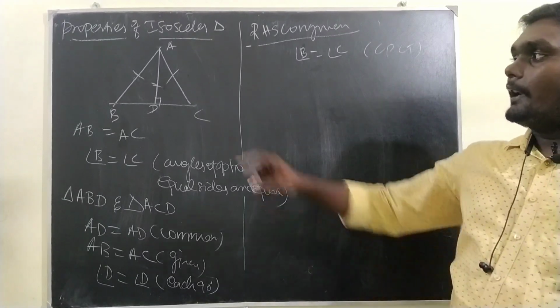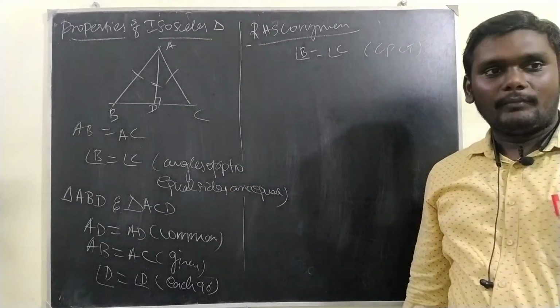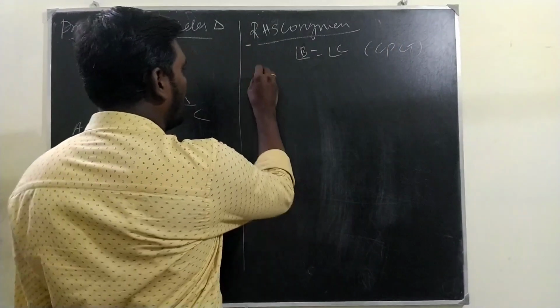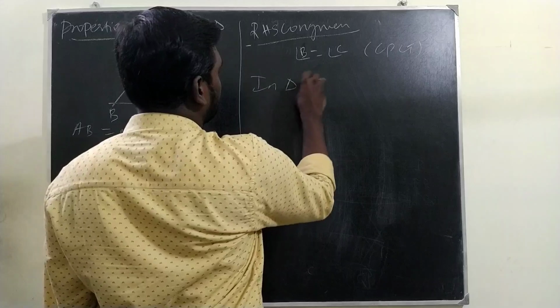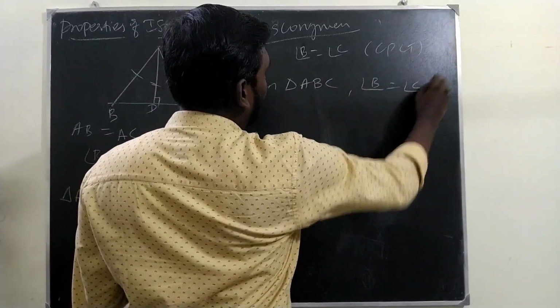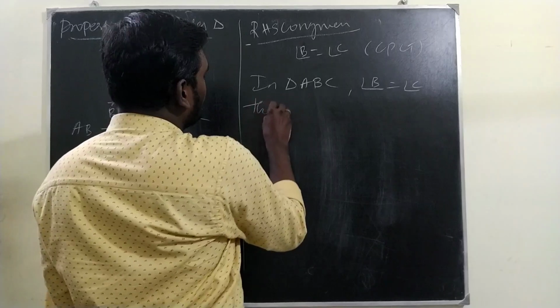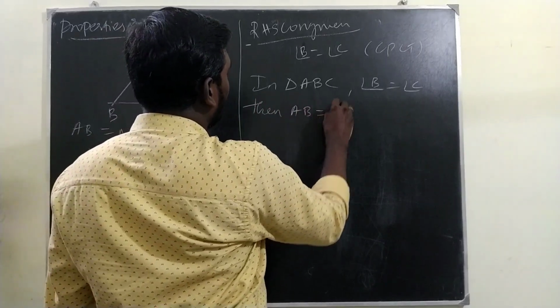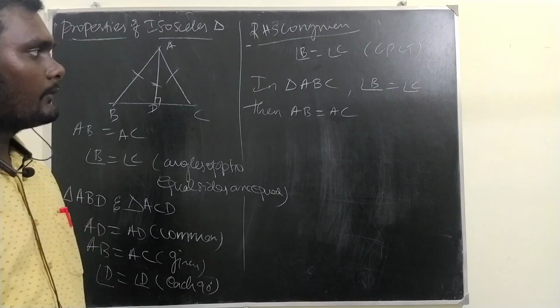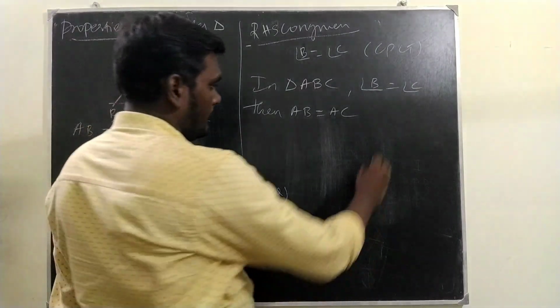Now, if in isosceles triangles B is equal to C, suppose in a triangle ABC, angle B is equal to angle C, then we have to prove AB is equal to AC. How can we prove it? Not CPCT.